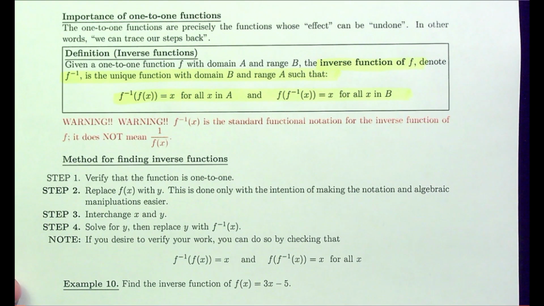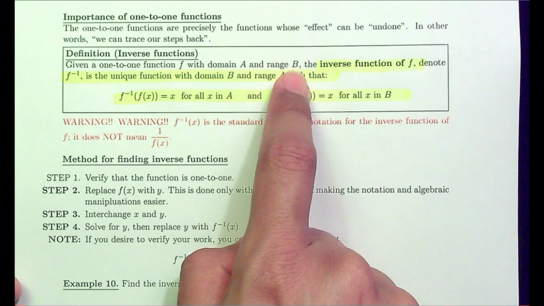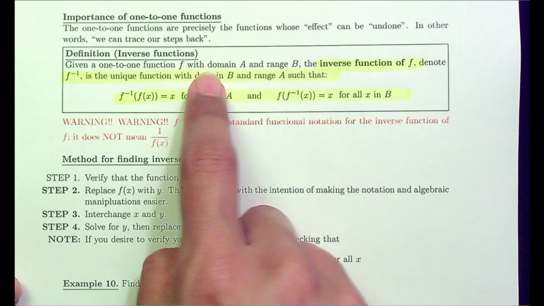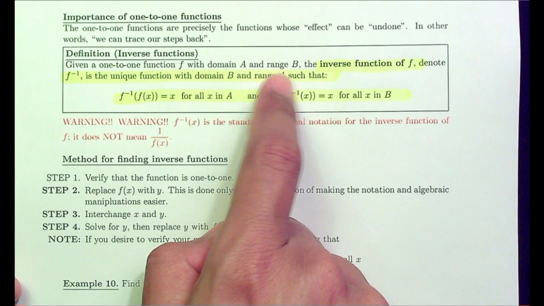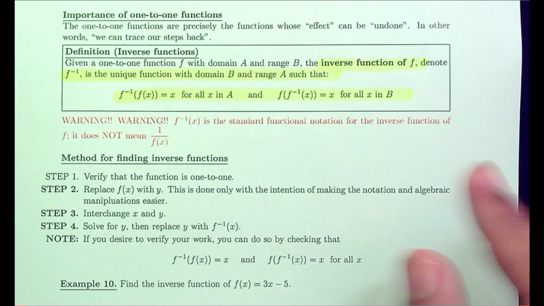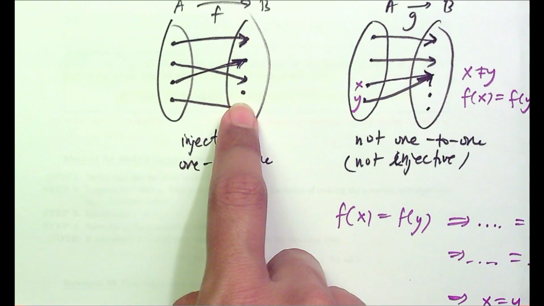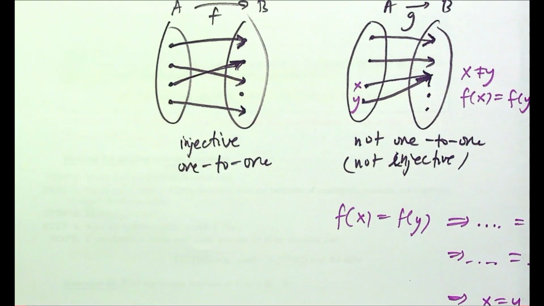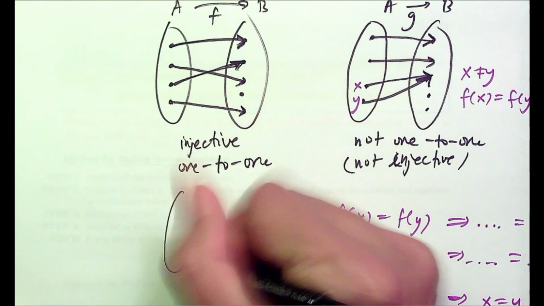And that's true as long as the range has no gaps. I'm not going to get too technical, but something like this shouldn't happen. So that means everything is taken care of.